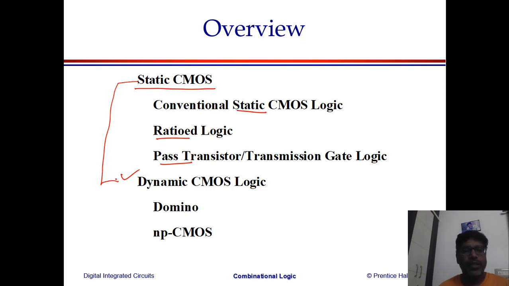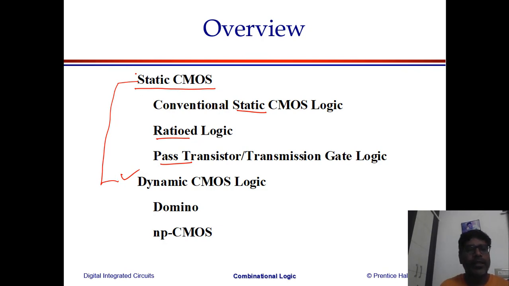Very similar to this, in CMOS also you could come up with different logic styles for implementing any Boolean function, and you can compare these different logic styles with their merits and demerits based upon metrics like area, power, timing. That's what we are going to do.